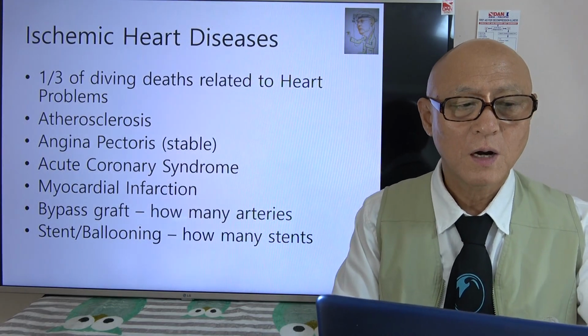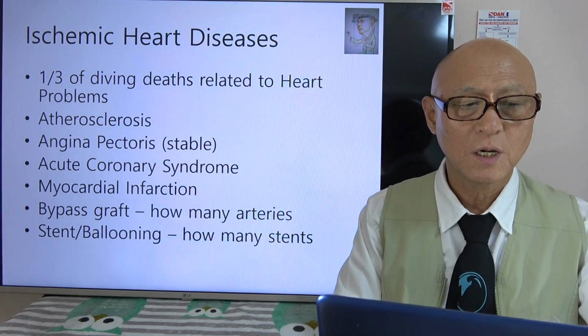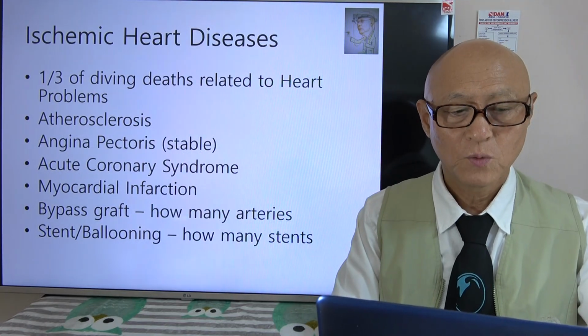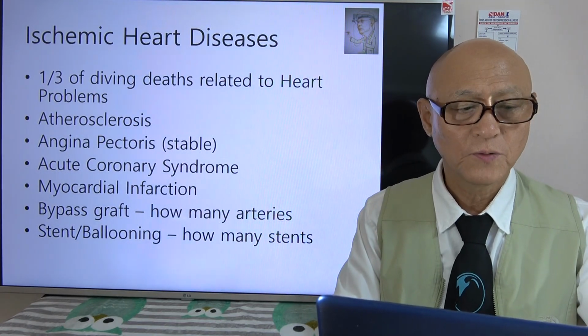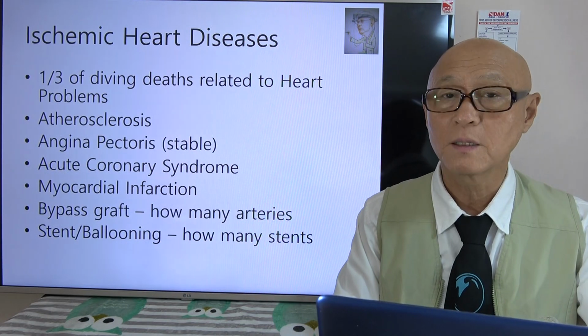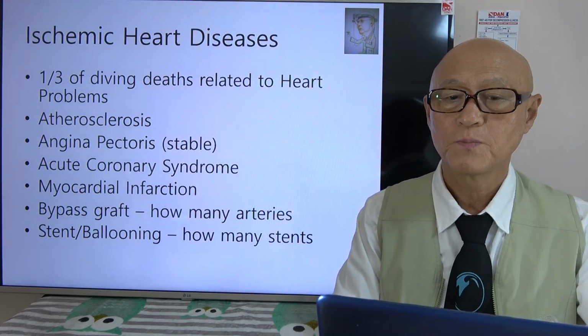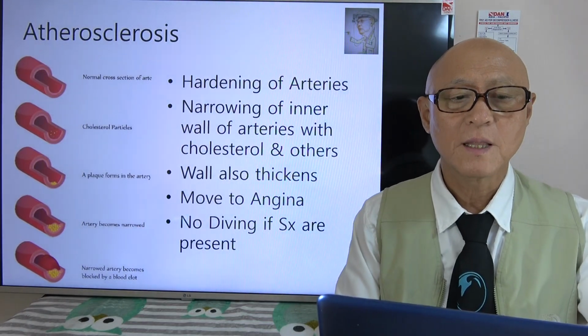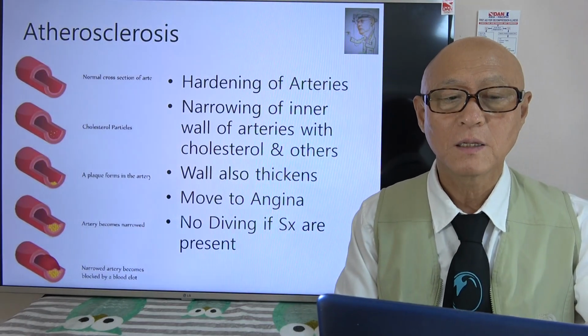So we have arteriosclerosis, angina, acute coronary syndrome, myocardial infarction, and we look briefly over bypass and the stent insertion surgery. What is arteriosclerosis? It's narrowing and hardening of arteries.